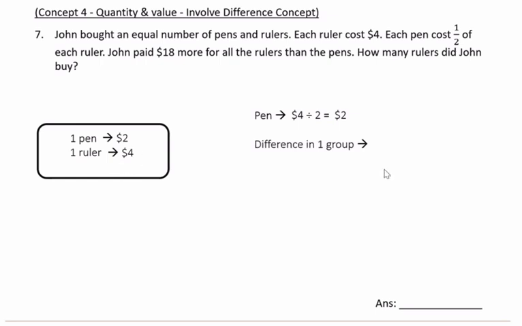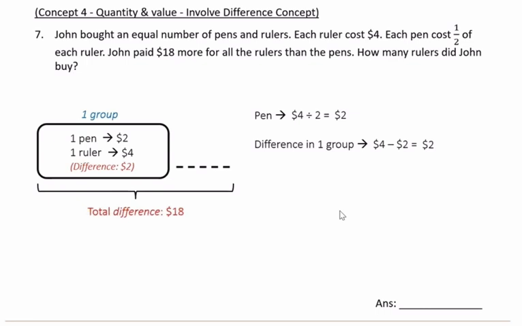So we take 4 minus 2. One group's difference is $2. Okay, and $18 refers to the total difference of what John bought. So you know that the total difference is $18.